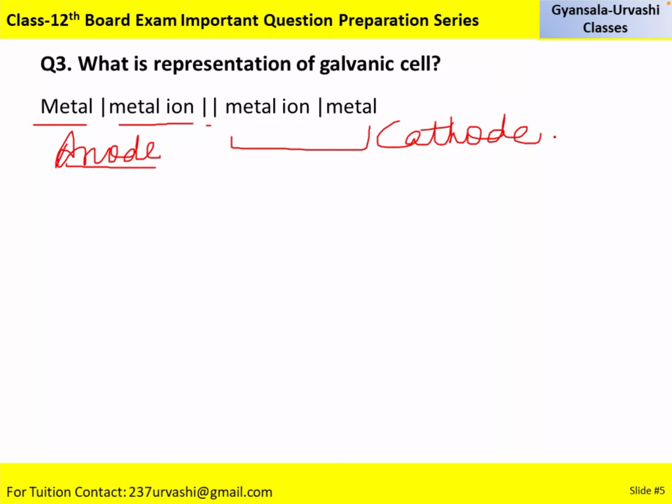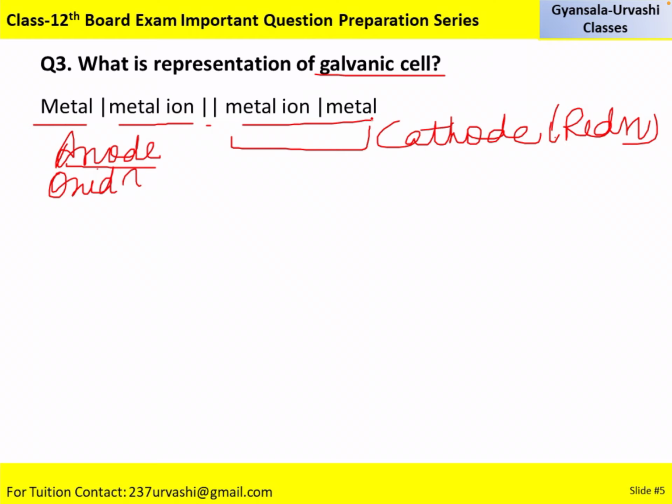One more thing: the anode undergoes oxidation and the cathode undergoes reduction. So when you represent a galvanic cell in equation form, the oxidation reaction part you write on the left side and the reduction part on the right side.